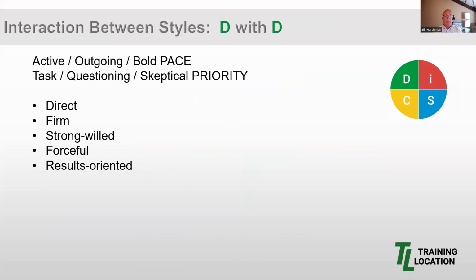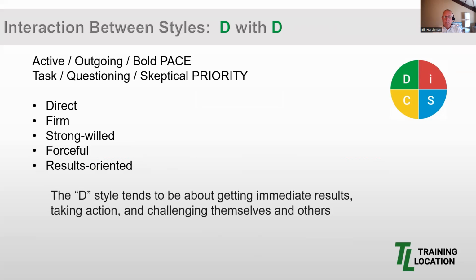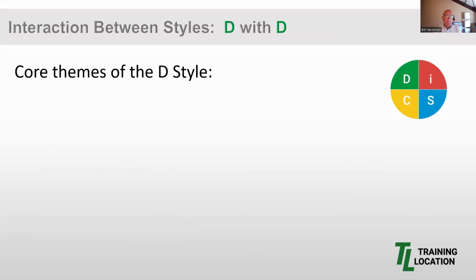Other descriptors, as you can see there, include direct or firm, strong-willed, forceful, results-oriented. The D style tends to be about getting immediate results, taking action, and challenging themselves and others. If they had a motto, it'd be do it now. Let's take a look at how similarities in style could result in differences of opinion.